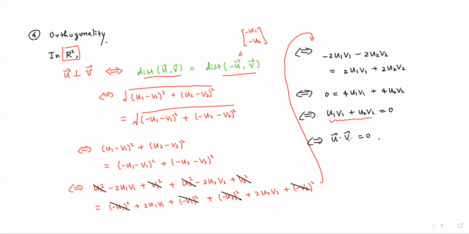Because of this observation, we can tell when two vectors in Rn are orthogonal. Because we cannot see vectors in Rn, what we can do is define.